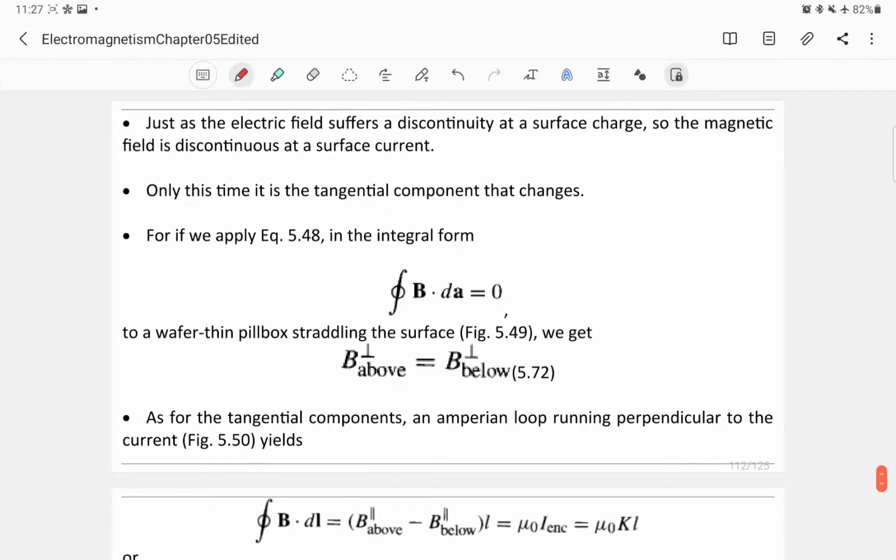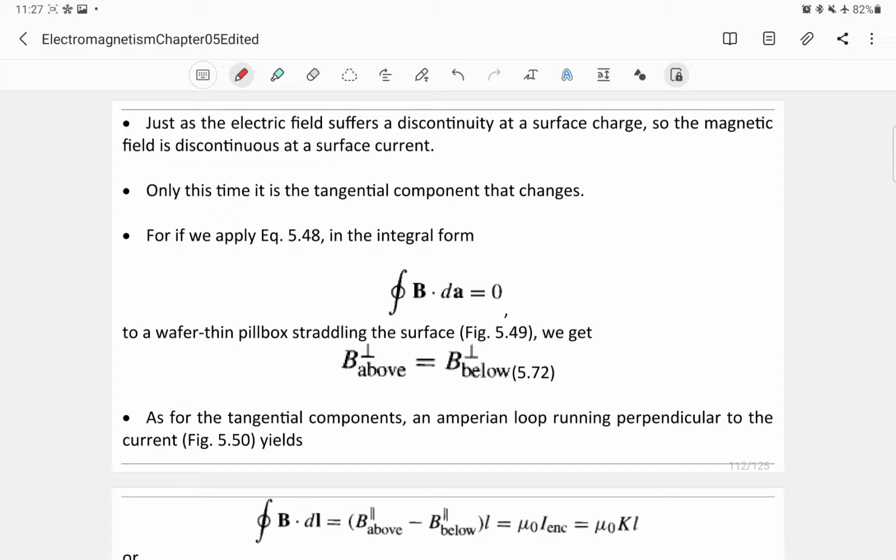Just as the electric field suffers discontinuity at a surface charge, so does the magnetic field. It is discontinuous at a surface current, because the presence of current makes it discontinuous. This time it is the tangential component that changes, unlike in the electric field where the perpendicular component changes.